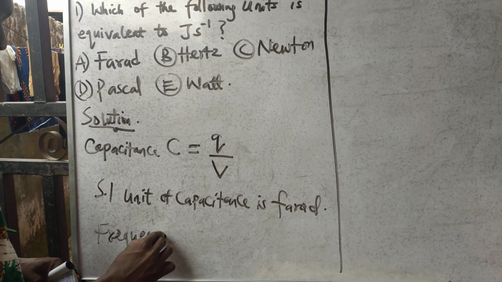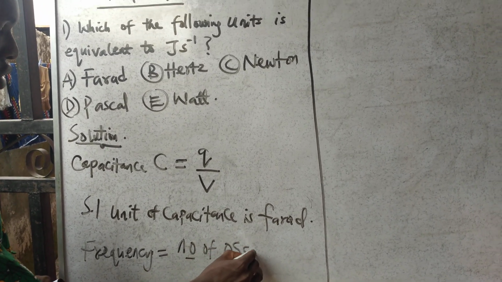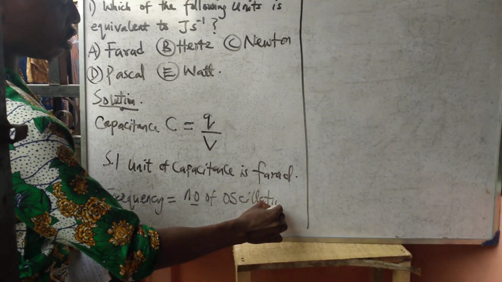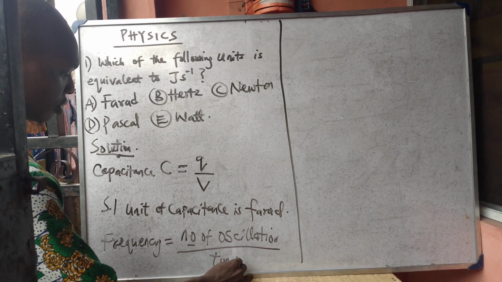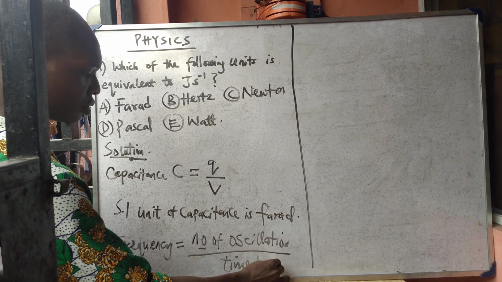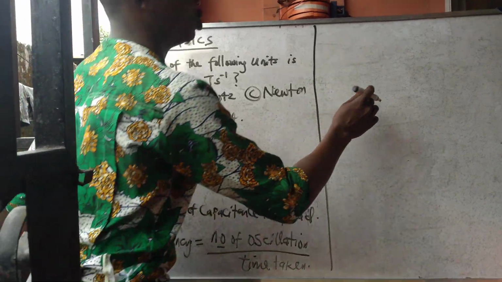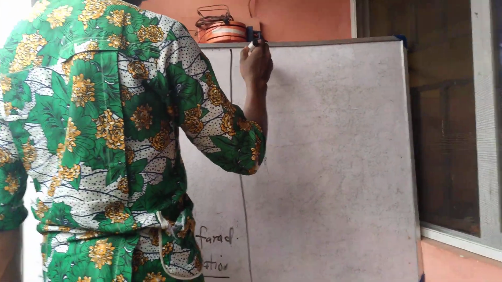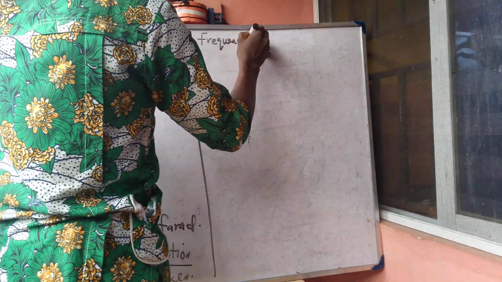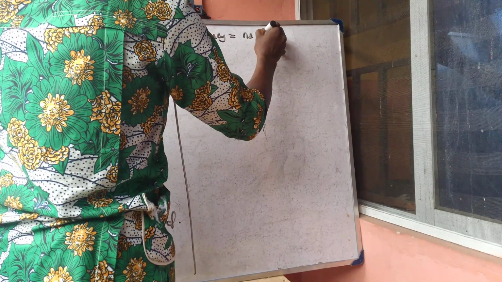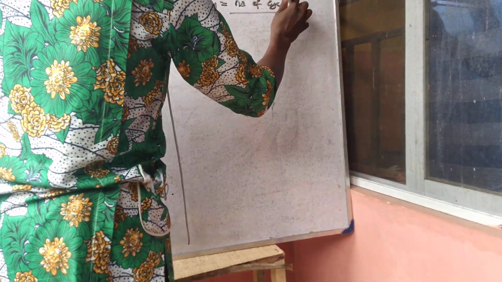Frequency is equal to the number of oscillations over time taken, or you can say the number of cycles per time.